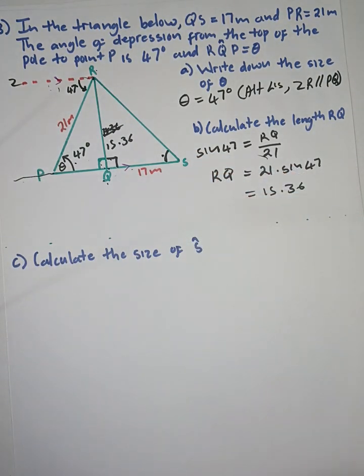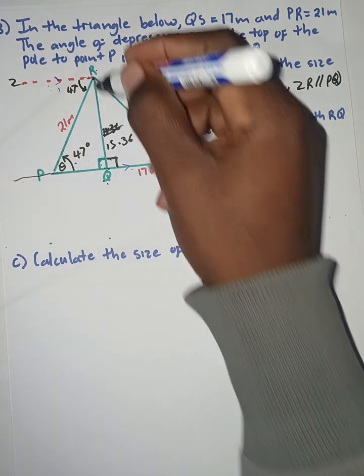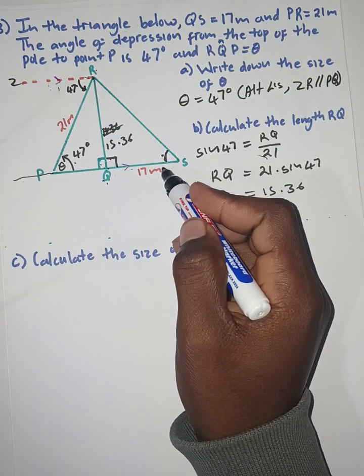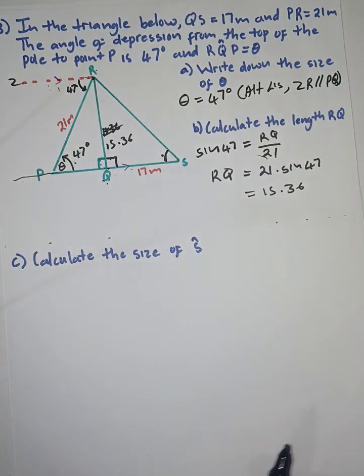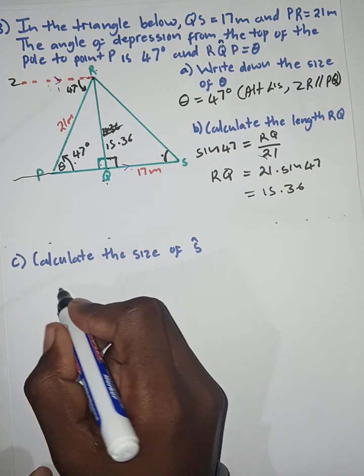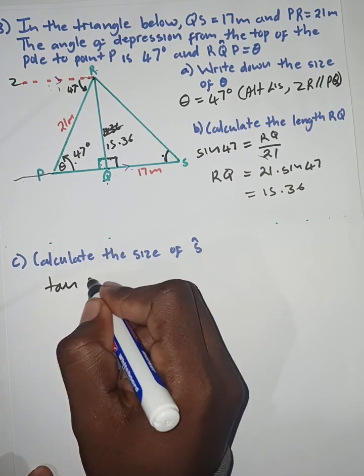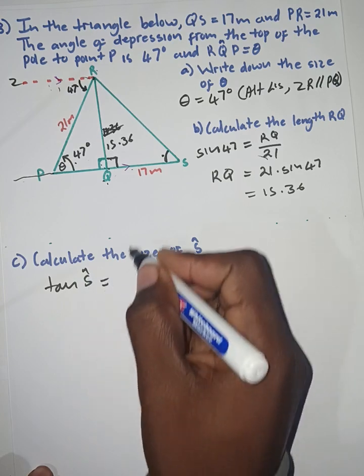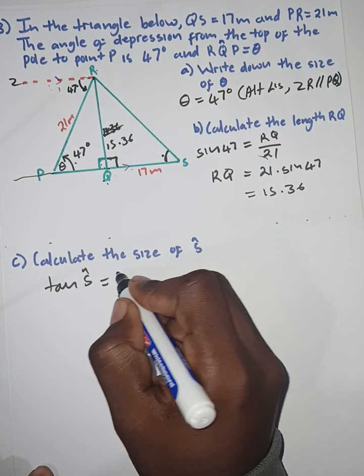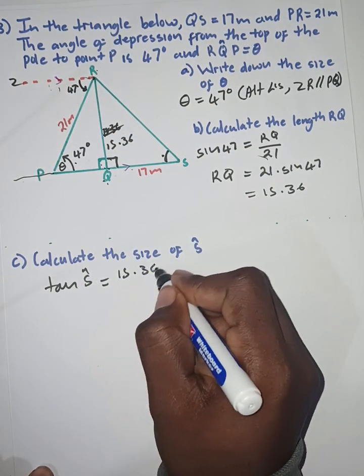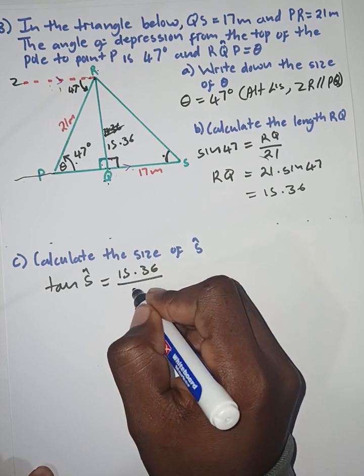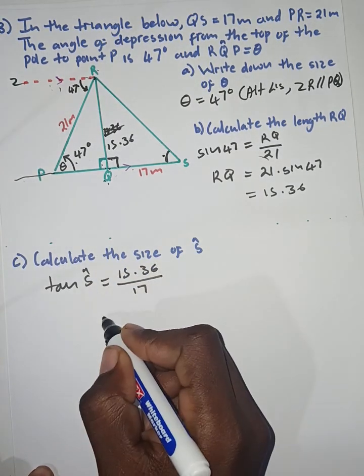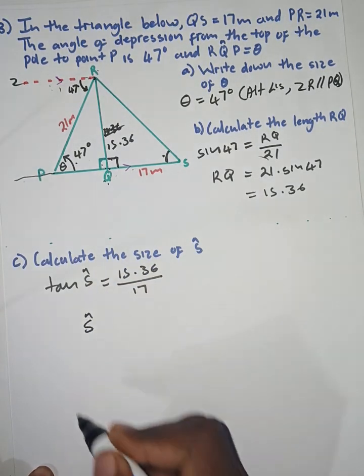So in this case I'm going to pick the trig ratio of tan, because it has the opposite and the adjacent, and I'm looking for the size of that angle there. So I'm going to say tan of S would be equal to the opposite, which in this case would be 15.36, and the adjacent would be 17. And to get S, you do the same thing.